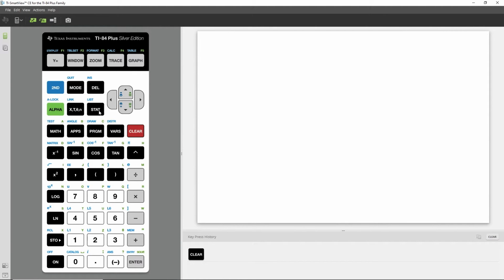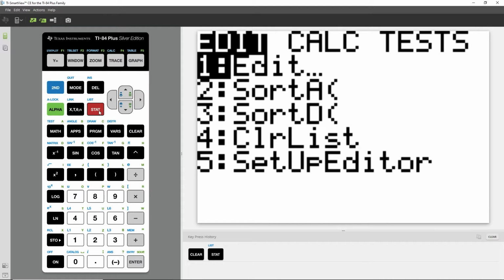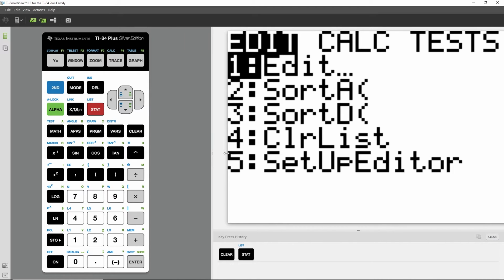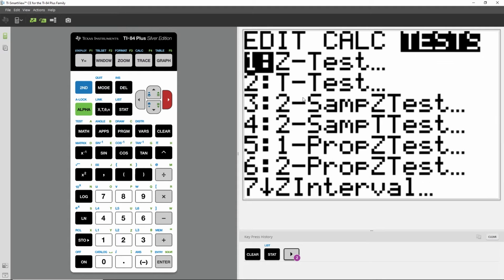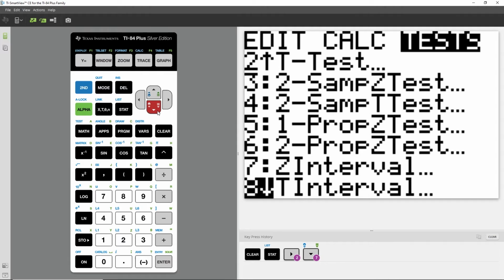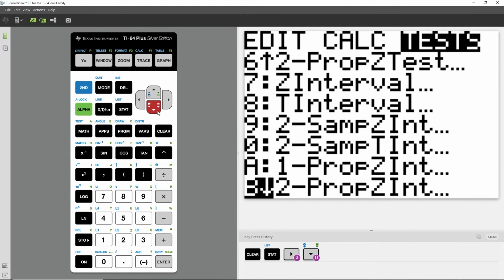So we're going to go into stat, test, and now we just kind of go down until we see one prop z interval.